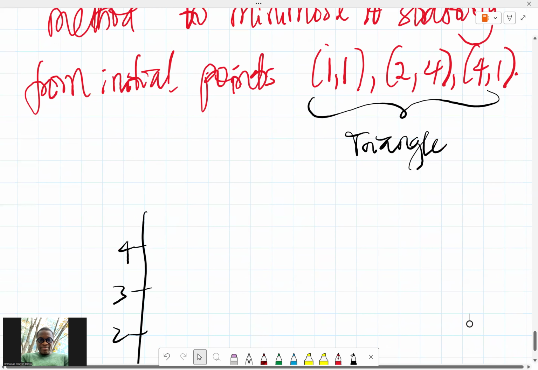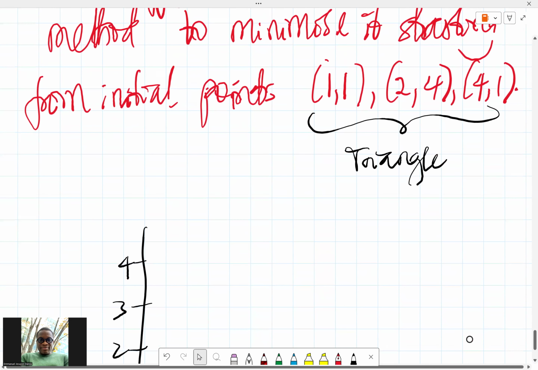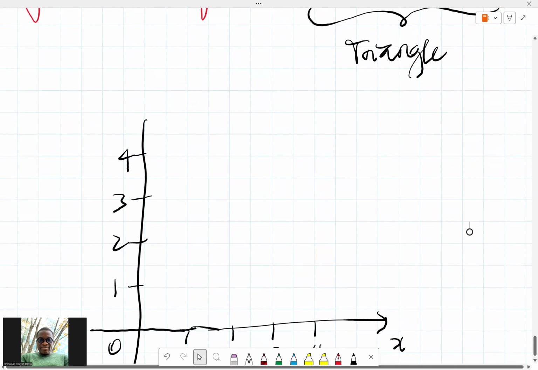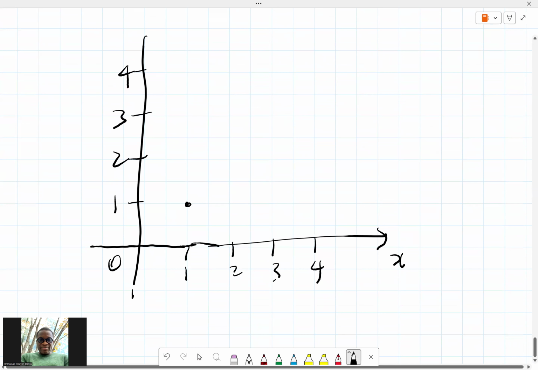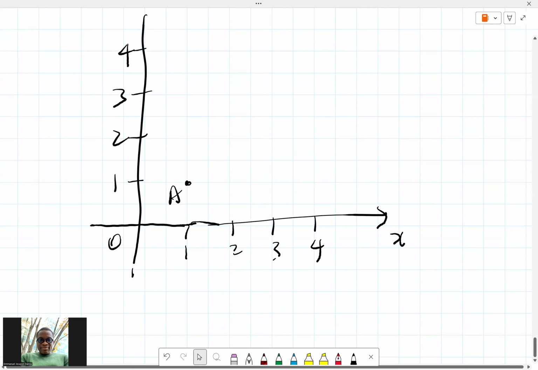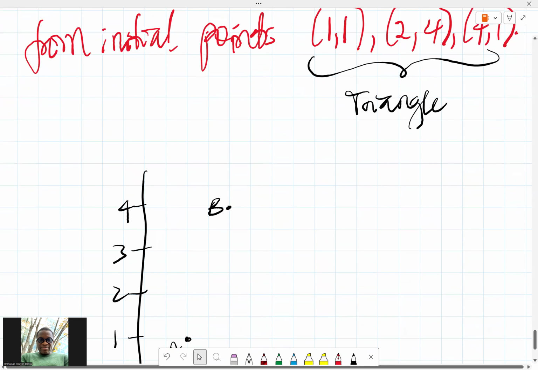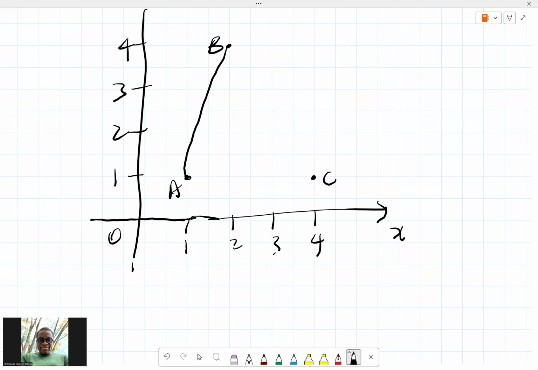To estimate the minimum point, we have an initial guess of 3 points which can form a triangle, and that is what the Nelder-Mead method is about. First, we have 1, 1, which is point A. Then we have 2, 4, which is point B. And then we have 4, 1, which is point C. You see that actually forms a triangle.